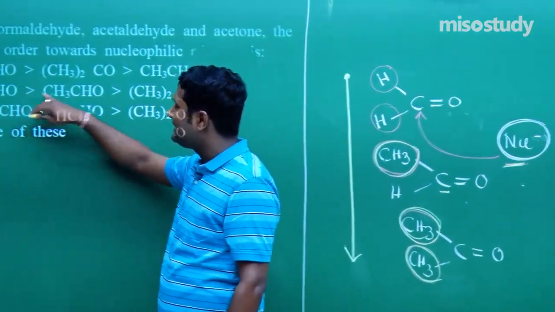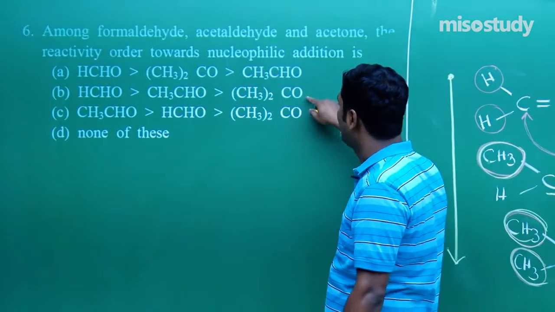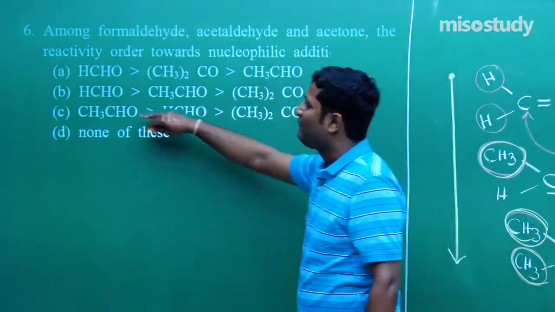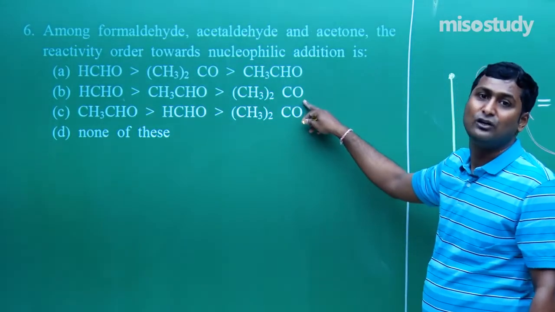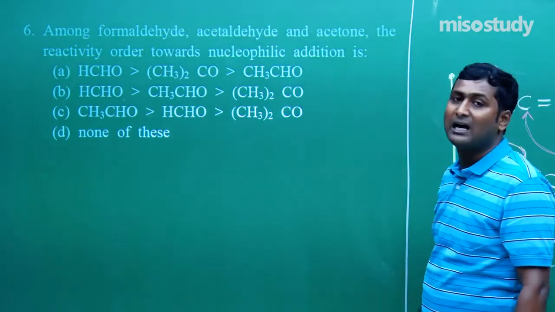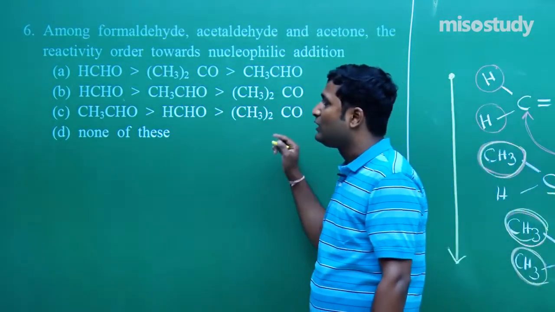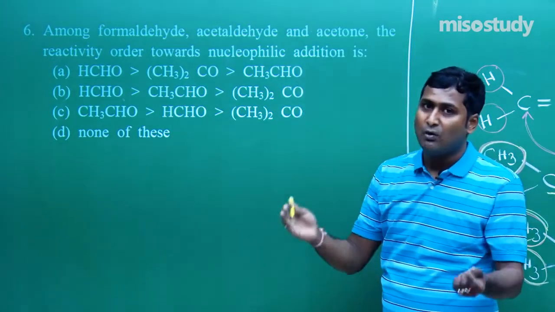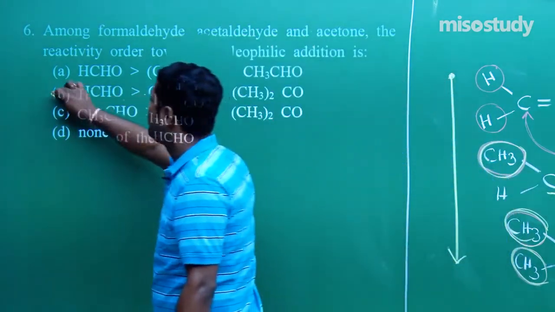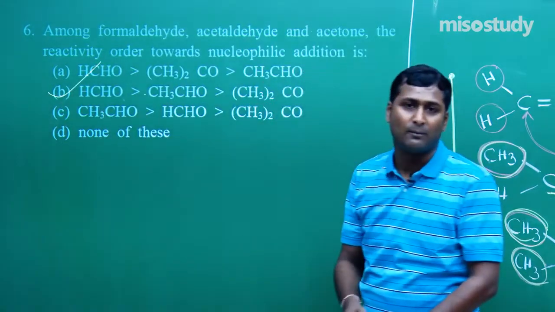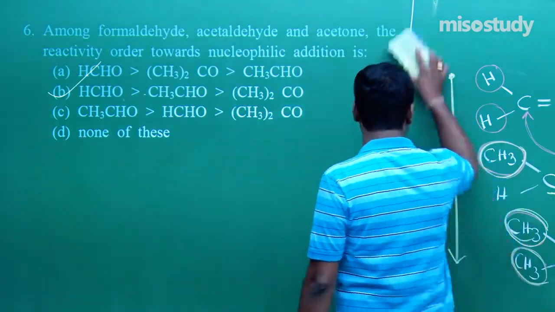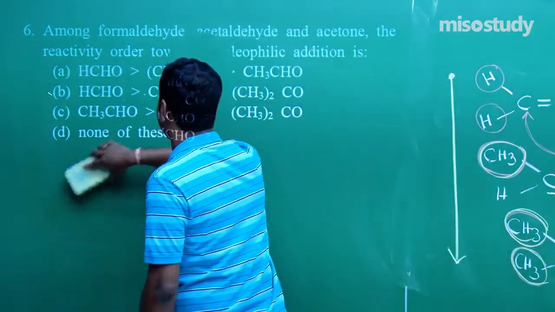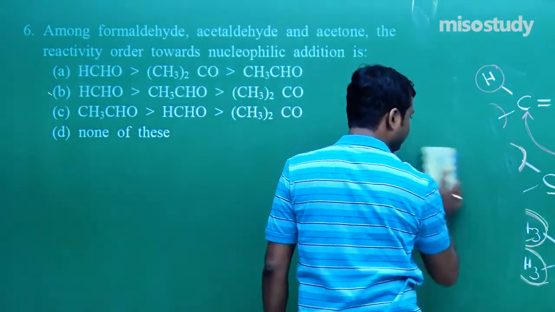HCHO, CH3CHO, then acetone, that is formaldehyde, acetaldehyde and acetone. This is the correct order of reactivity. So for question number 6, B is the correct option. Is it clear, friend? Now I am going to rub this part and we'll discuss the next one.